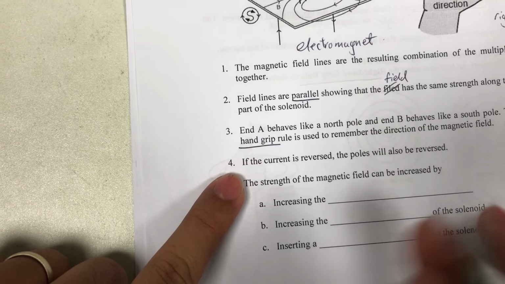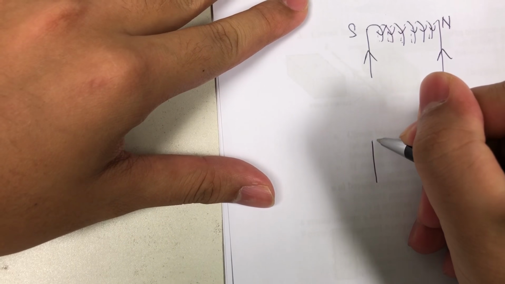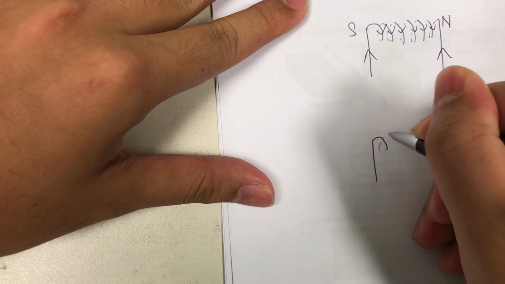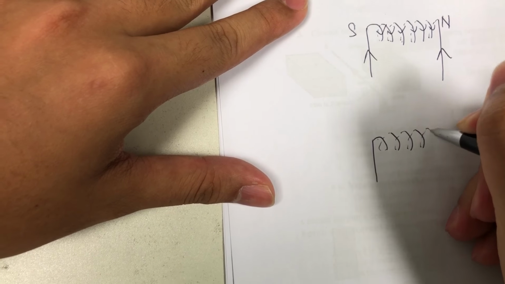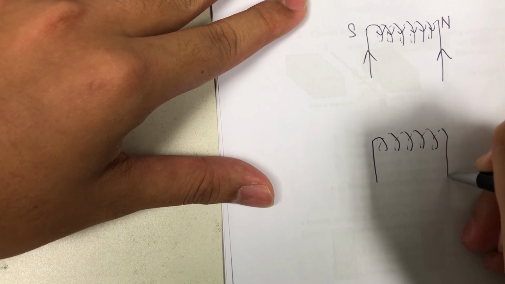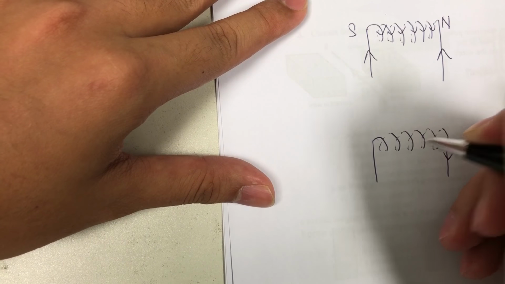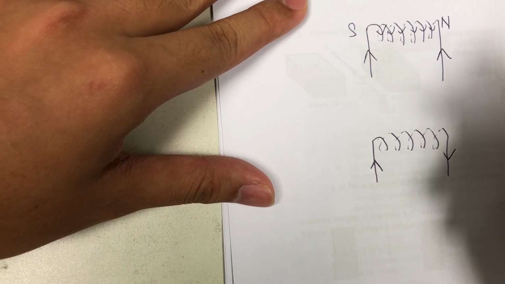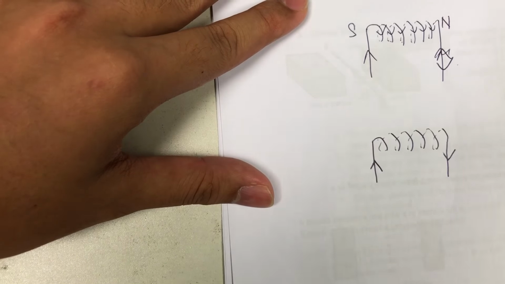So what will happen if the current is reversed? If you go through the whole process and try to understand again, when the current is reversed, I'm going to draw something similar again. Now my current is reversed, sorry, just now my direction of current was wrong.